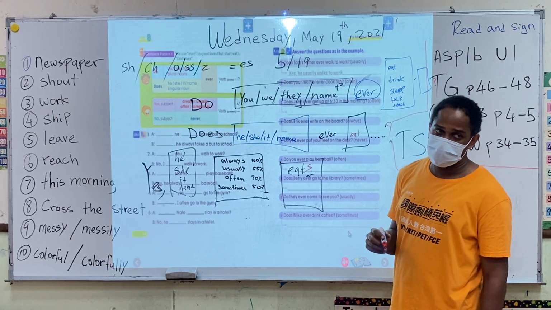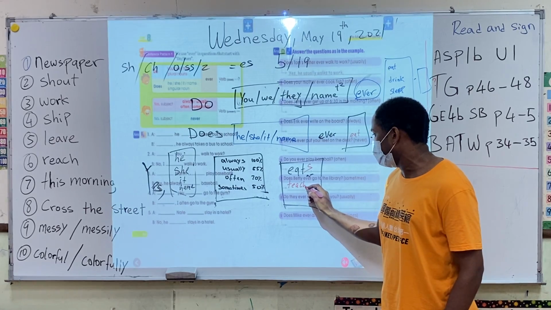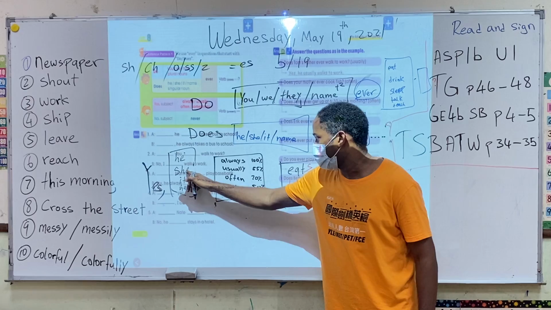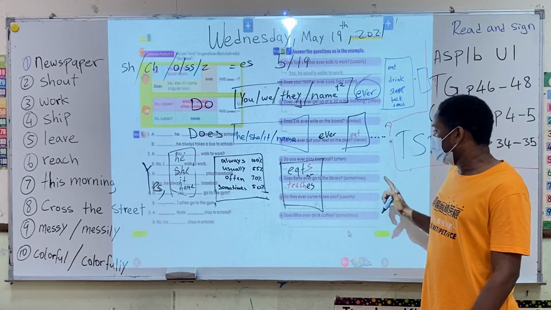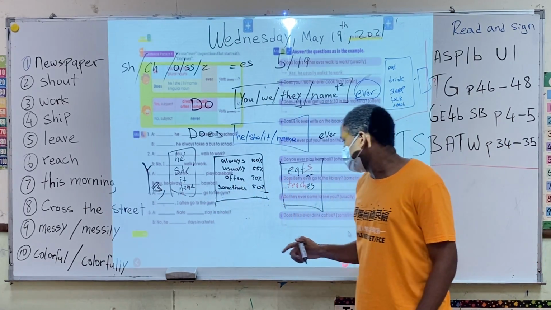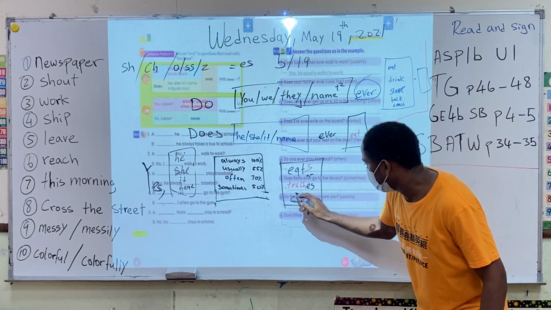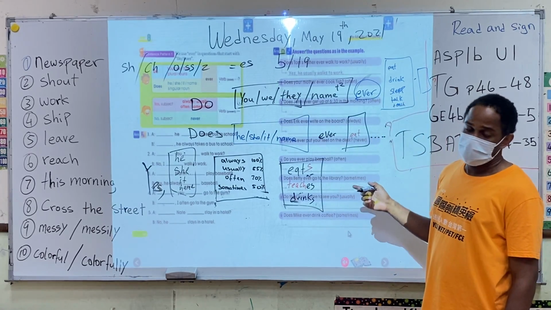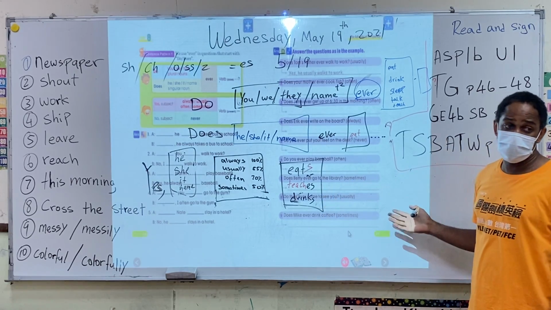Now, teach. Remember, teach ends with C-H, T-E-A-C-H, so you add E-S. So yes, she usually teaches English on weekends. Yes, it often eats, drinks milk in the morning, for example, a cat.